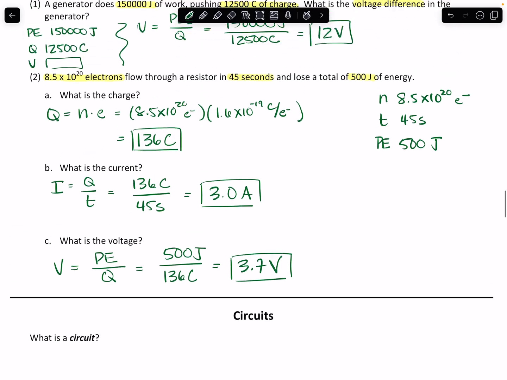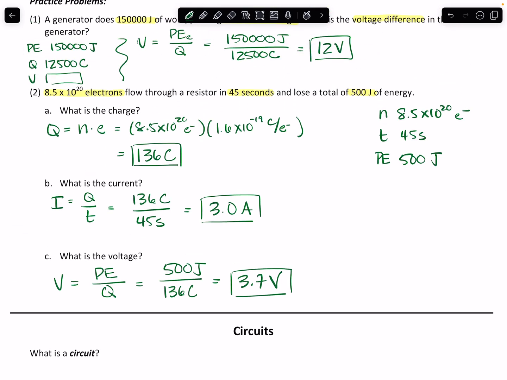So what we learned here is that the current is the rate of flow of the charge, but that charge will not move unless there is a potential difference, a difference in charge somewhere in the circuit. That difference can be big or small, but the larger it is, the more energy those electrons are going to have to move. You should be familiar with these equations, the one for charge, the one for current, and now the one for voltage.